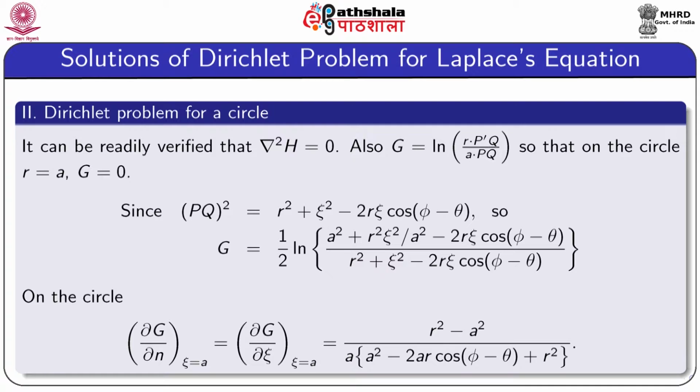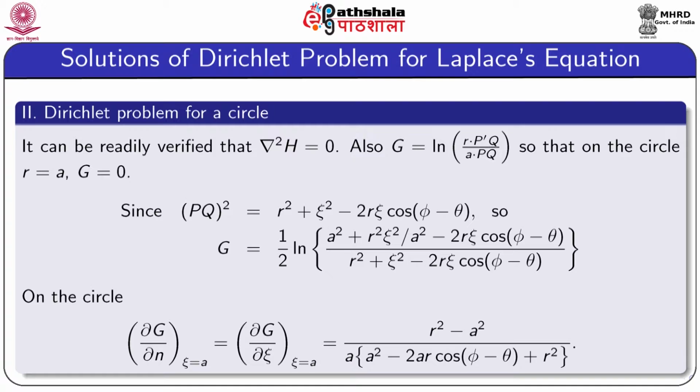For r equals to a, the P dash Q becomes PQ. So, those two factors cancel out and the factor within the log becomes 1. That means the value of G becomes 0 on r equals to a. Therefore, with this choice of G, it satisfies the condition G equals to 0 on the boundary of the region.